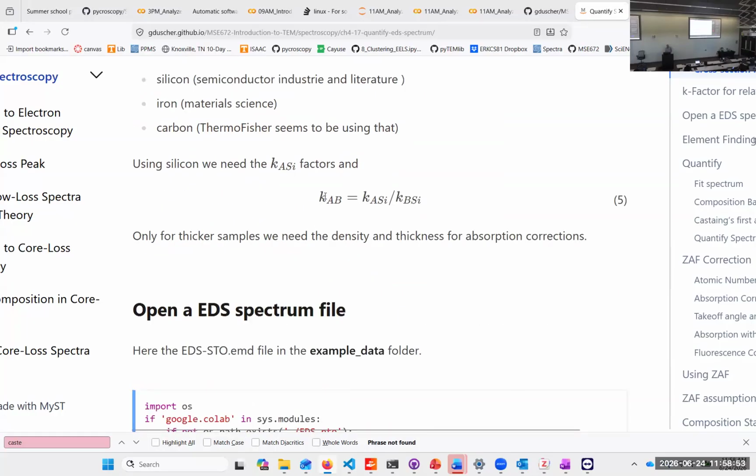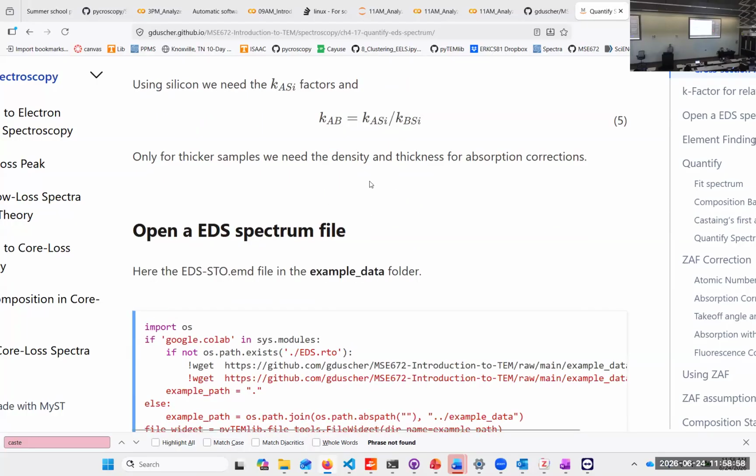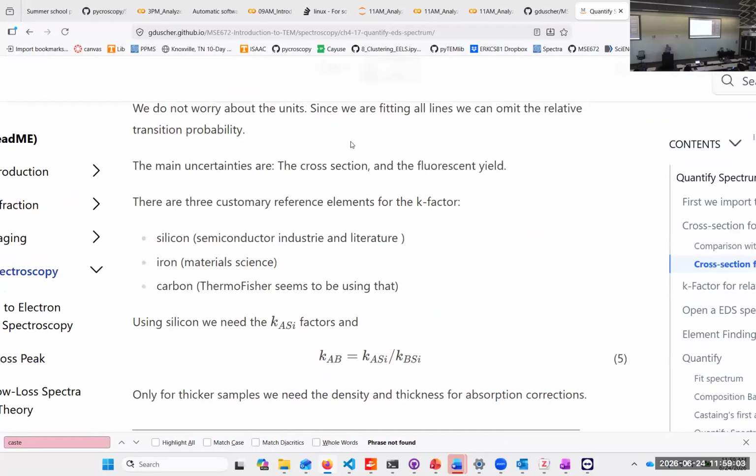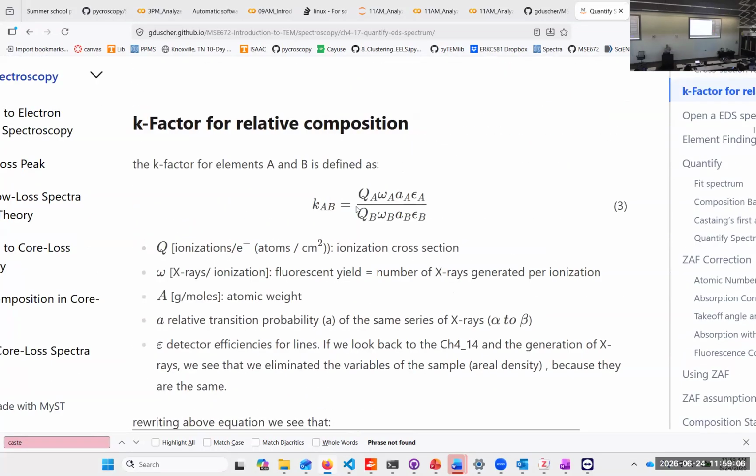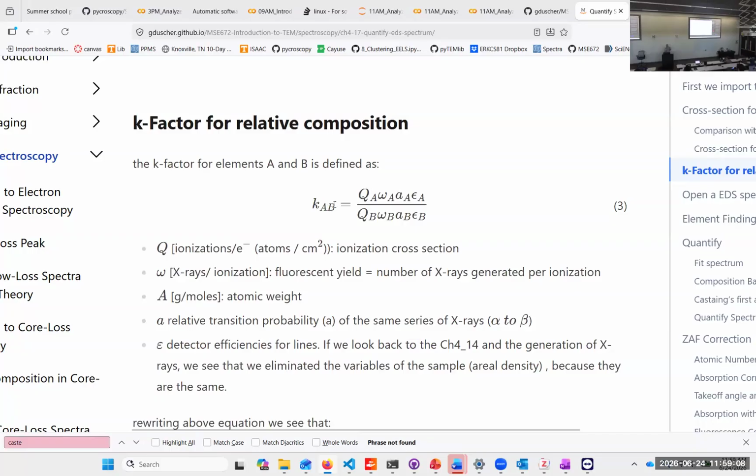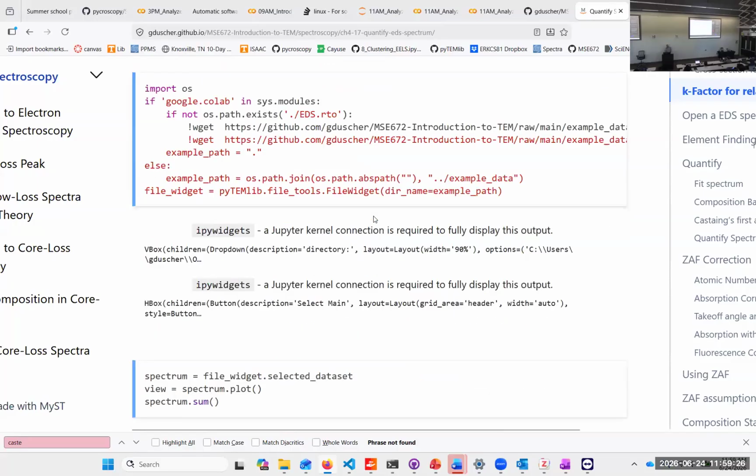And then if you want to have the difference between two, we always use the Ka over Kb, then we have Ka over K silicon, Kb over K silicon, so the silicon falls out and we can use it as a reference for two materials, relative intensity. Okay, that's it from me.